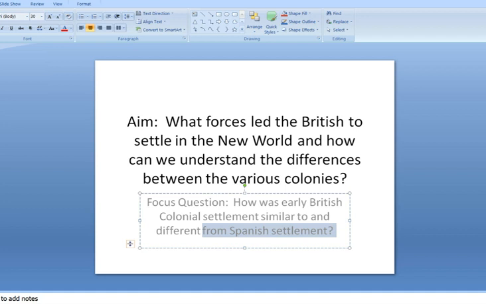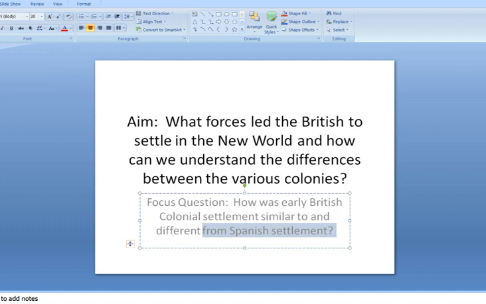They're going to bring over, a lot of times, entire families, and they're going to kind of propagate that segregated society, which is why you have white, black, native, and the intermixing in what was the British colonies is not going to be to as great of an extent as it was in the Spanish colonies. But as we're going to see, at first that's going to be a little different, because at first there's going to be a lot of similarities.